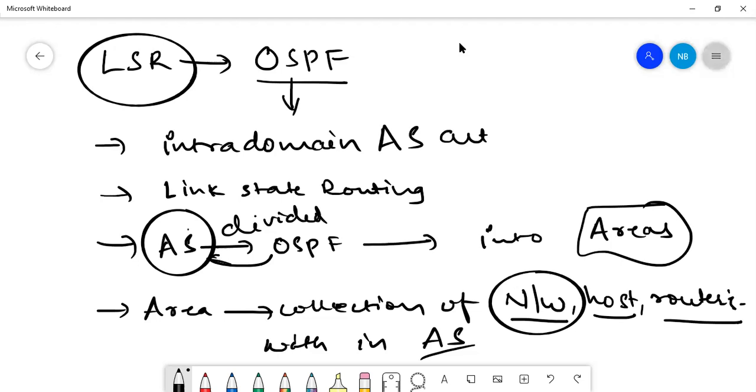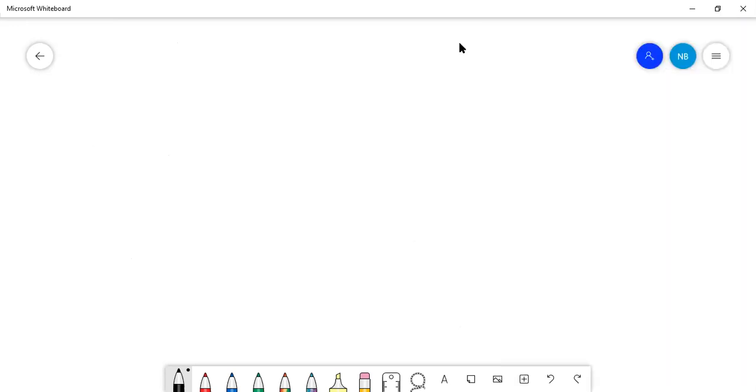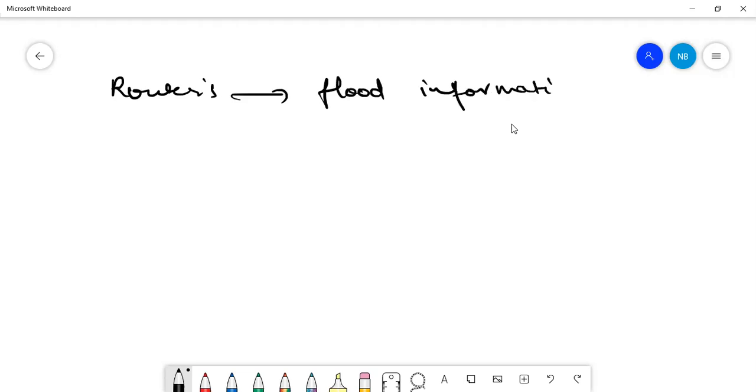And next one, the routers which are part of this particular area will flood information regarding routes. Flood is nothing but sending information.